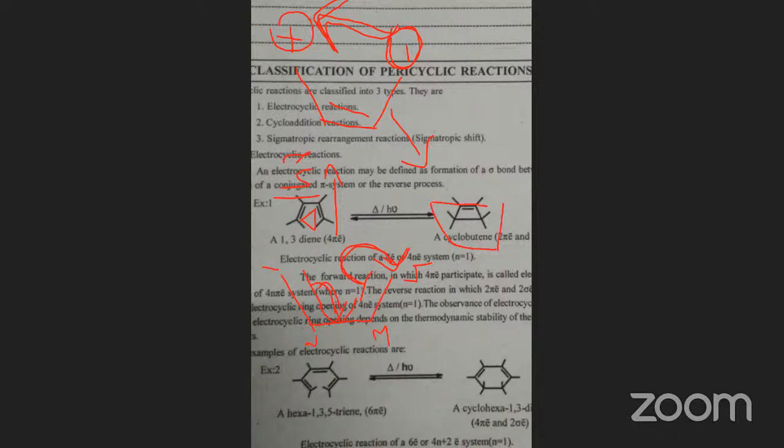This is the first carbon, the second carbon, the third carbon, and the fourth carbon. So carbons 1 and 4 form a sigma bond. This type of reaction is called an electrocyclic reaction.